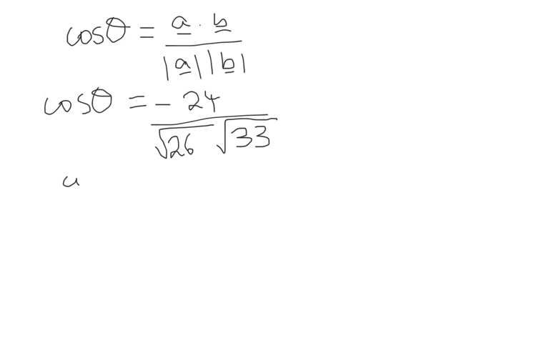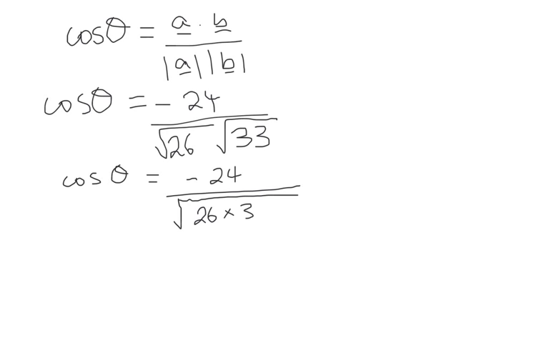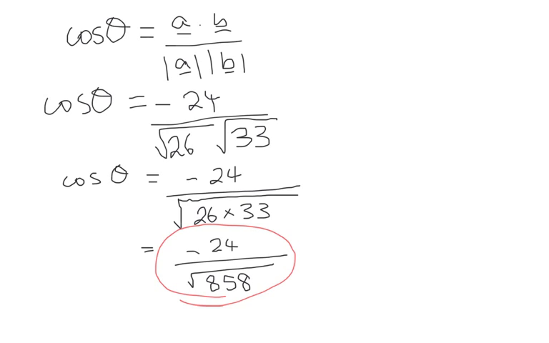When you do this on the calculator, I think it's easier to input negative 24 on the numerator, then divide by one complete square root, 26 times 33. Work out this number first to make inputting it into the calculator easier rather than having some problems. 26 times 33 is 858.